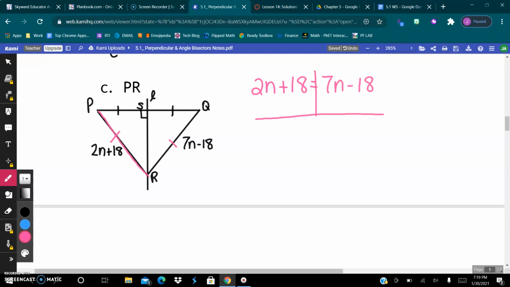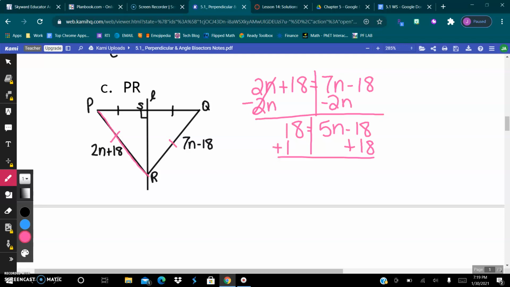And I'm going to subtract 2n because we want to move the variables to the same side first. And I'm going to add 18. So that's 36 equals 5n. And then we have to divide by 5. So n would equal 7.2.